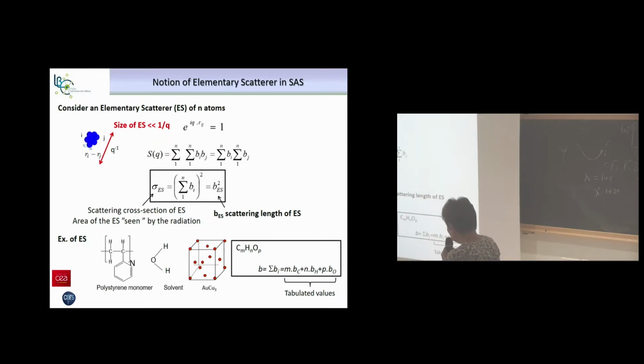So B, the scattering length of this elementary scatterer, is simply the sum: m times B of carbon, plus n times B of hydrogen, plus p times B of oxygen, and these values of B are tabulated. So if you know what the monomer is, you are able to calculate before the experiment the scattering length of your elementary scatterer.